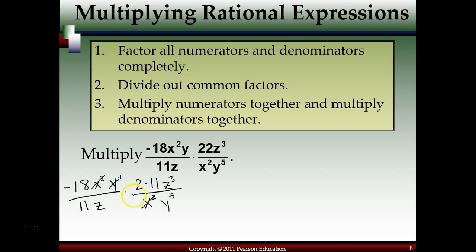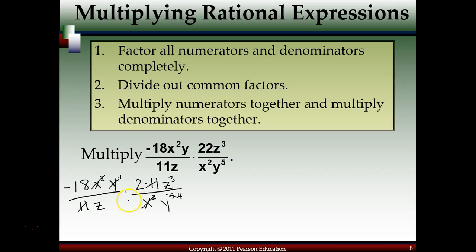So y to the first completely cancels out with one of the y's from this denominator here. So I'm going to cross out a 5 and make that a 4. And then same thing with this denominator over here: 11, cancel that out.